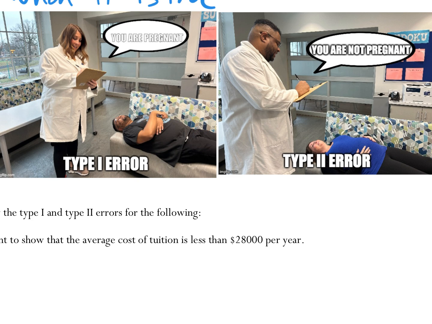There's no amount of evidence in the world that's going to make Mr. Wapner pregnant. Everybody good? If she is pregnant and he didn't conclude that she was pregnant even though she is, he came to the wrong conclusion, yeah?